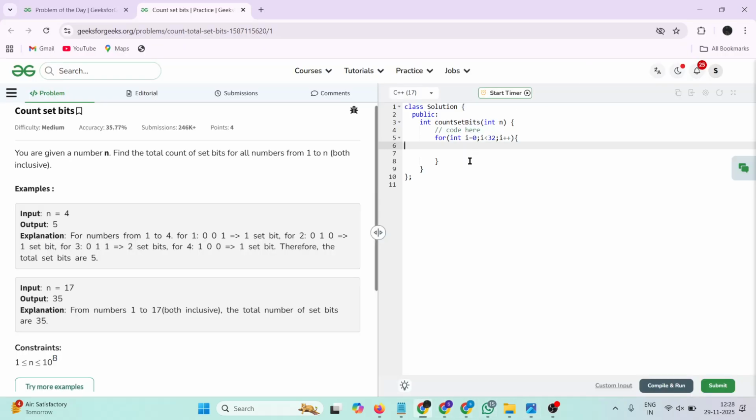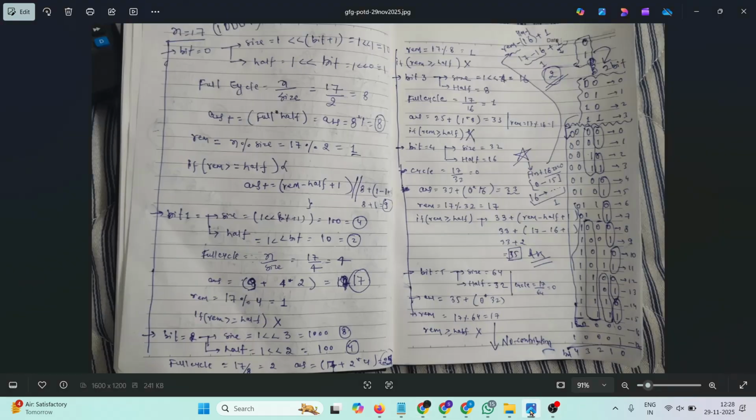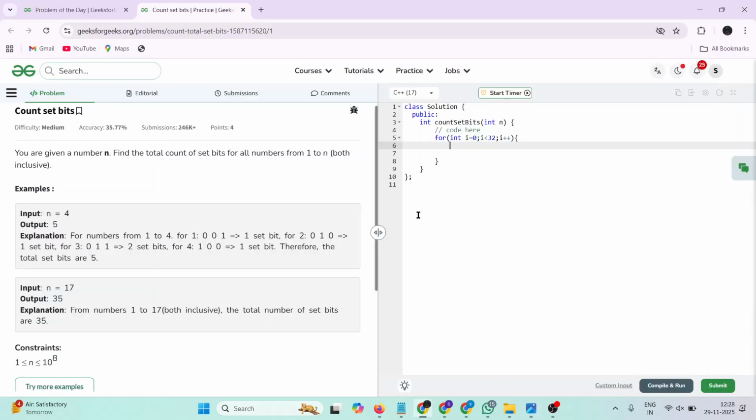Okay, so we have 32 bits. In each bit, we want to find the total number of set bits. As we discussed, we need to find first the size, then the half. If we talk about the size, for the 0th bit the pattern is 0101, so the size is 2.